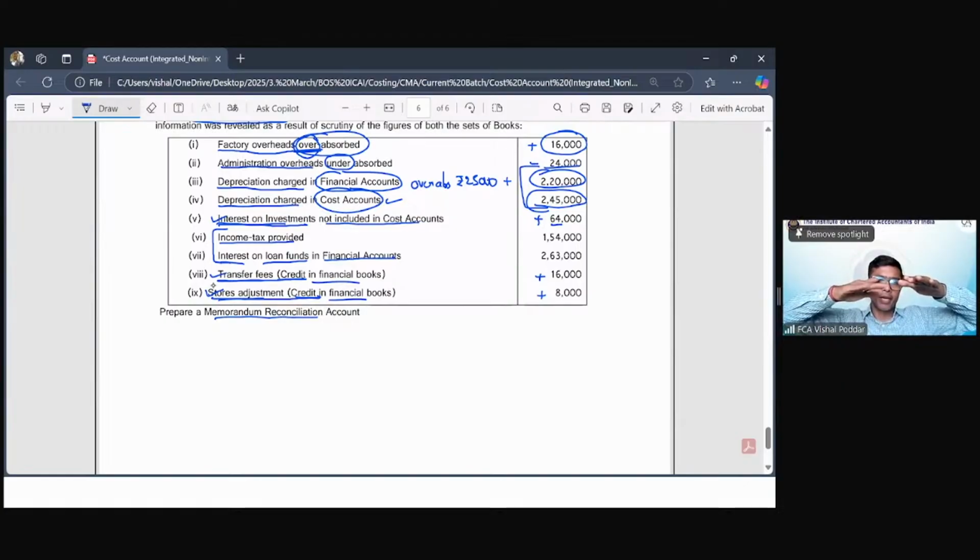What is the impact of expenses on your losses? My losses will increase because these are expenses. So now the levels are, this is my cost loss, this is my financial loss because of these two items. What will be the effect? My starting point in this sum is financial loss, so I have to climb downwards. So both these have to be subtracted.